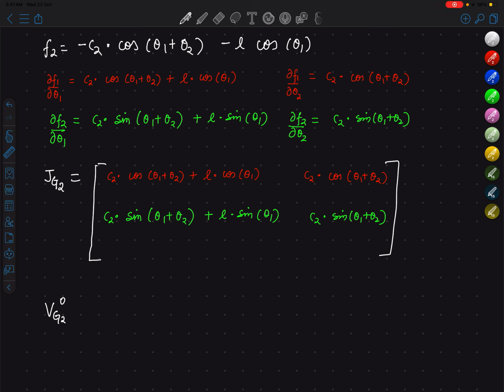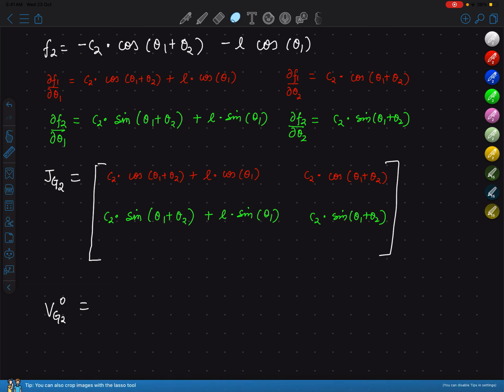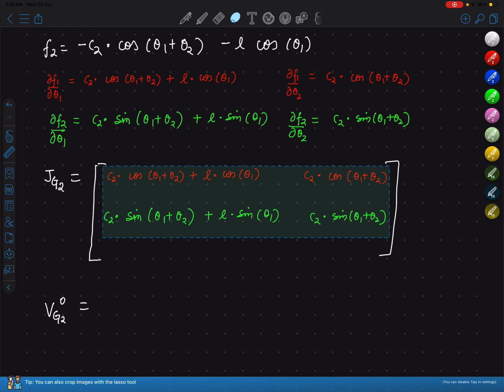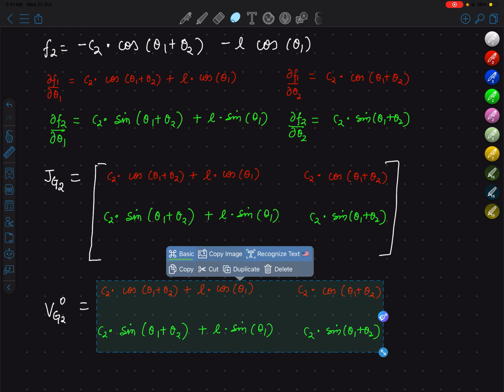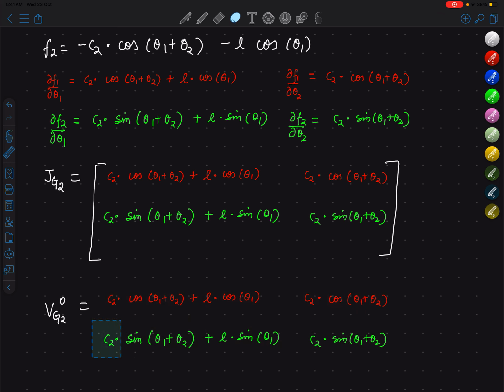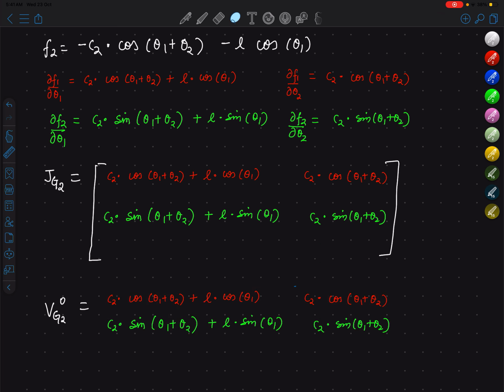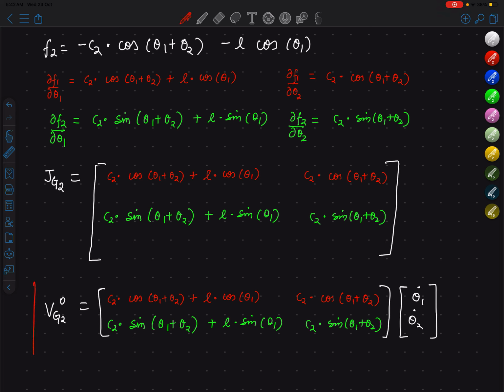So Vg2 with respect to frame 0 will be given by the same matrix. I'll just remove the distances between them slightly. This is multiplied by theta 1 dot and theta 2 dot. So we'll not multiply this, but this is the expression of the velocity of the center of mass of the second link with respect to frame 0.